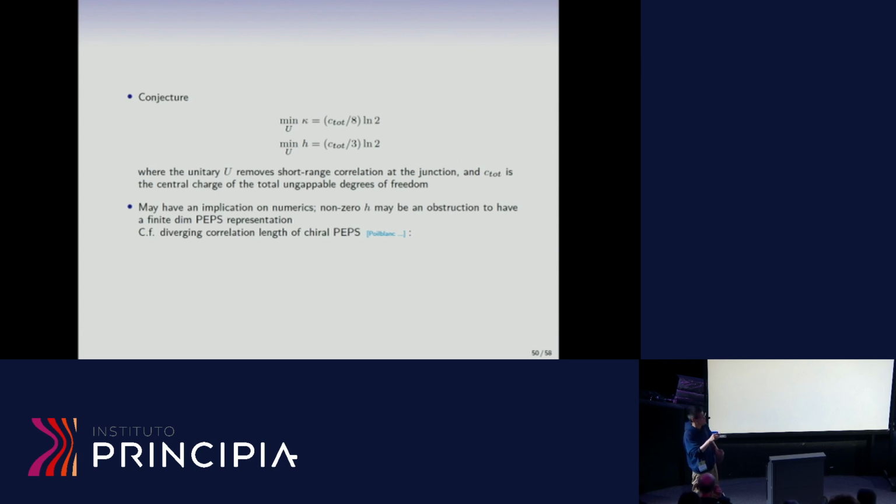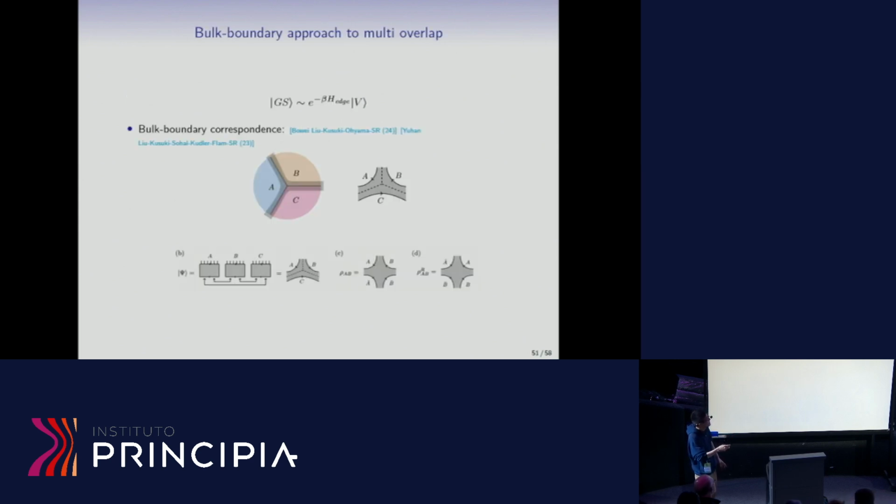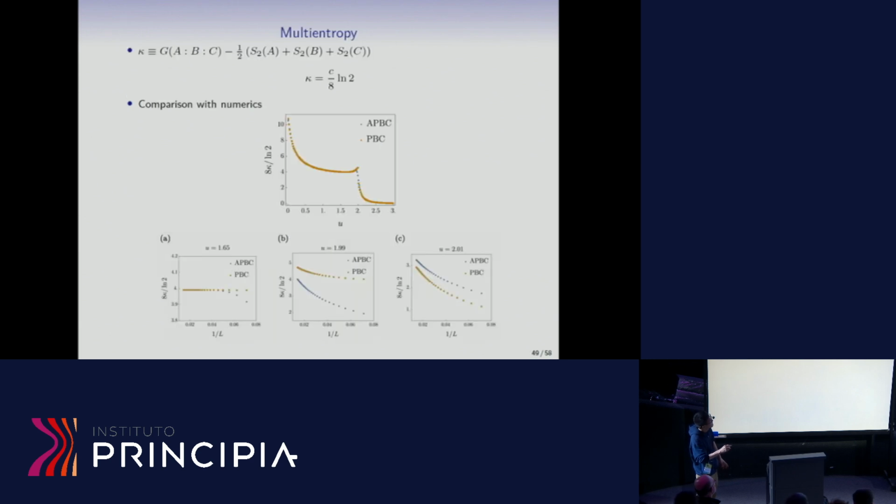Although I think they cannot take all possible unitaries and test this conjecture, they did numerically test that if you act with unitaries, you can reduce H, which is as if we are moving in this way in this phase diagram.